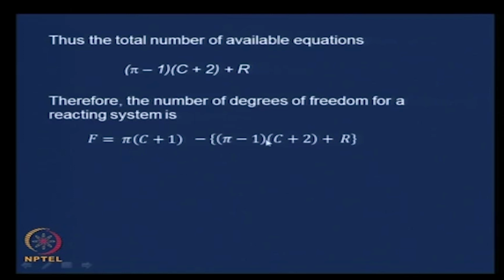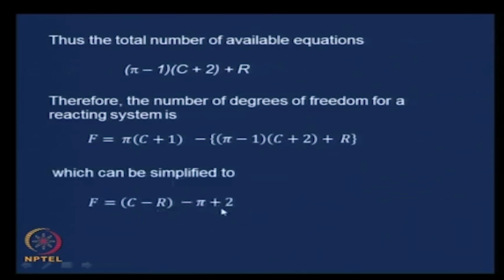If we rearrange this, with some algebra, we would get C minus R minus pi plus 2. As you can realize, whatever was C earlier can be replaced by C minus R. So, C minus R minus pi plus 2, hopefully you got this in your own efforts, gives the number of degrees of freedom in a system with R reactions.